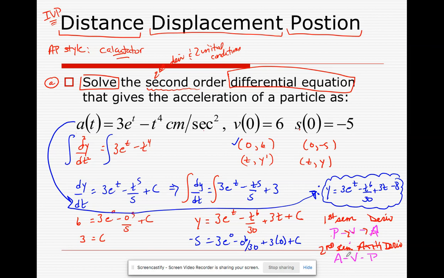And we had acceleration, went to velocity, and went to position using IVP, the initial value problems or initial value conditions, because we were given information on both the original and the velocity. OMG. All right, so that was part A, and I didn't use my calculator at all.